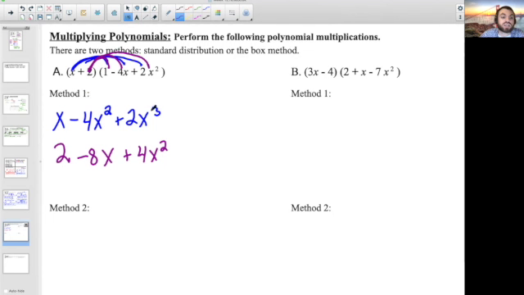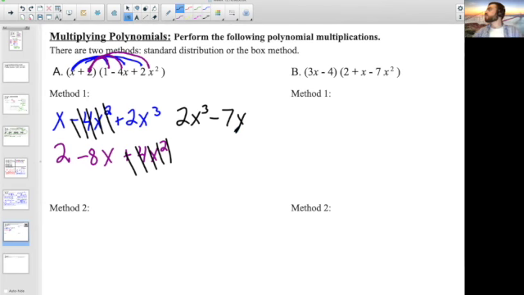So let's take a look at the biggest power of x. So we have our 2x cubed. Now we have negative 4x squared and positive 4x squared. Those are going to cancel each other out. Now we have x and negative 8x, which is negative 7x. And then we have a positive 2. Okay. So please make sure you do understand how I got that.